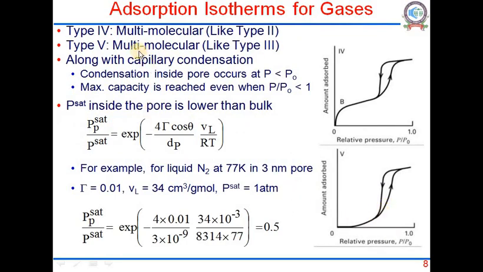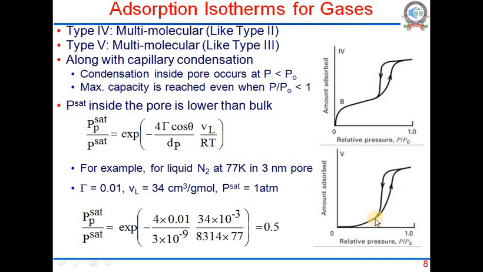There are two more types, type 4 and type 5. Type 4 is like type 2 and type 5 is like type 3. Now both of them exhibit hysteresis, meaning that if we increase pressure and keep tracking the amount adsorbed, it increases in this manner. But if we start reducing the pressure, it does not trace back the original path, but a different path like this.